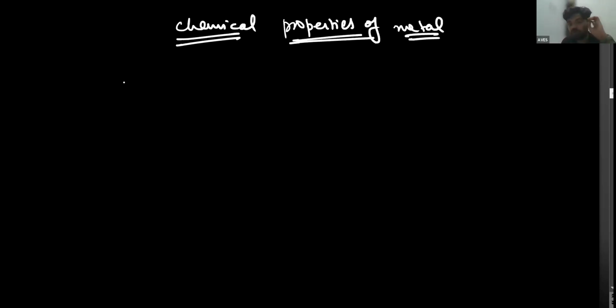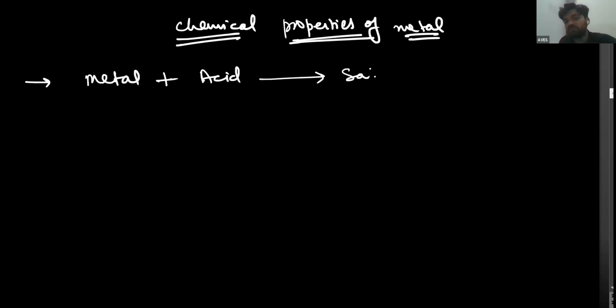Today's class topic is chemical properties of metals. The first property of metals is that when metals react with acids, they form salt plus hydrogen gas. This arrow represents gas.